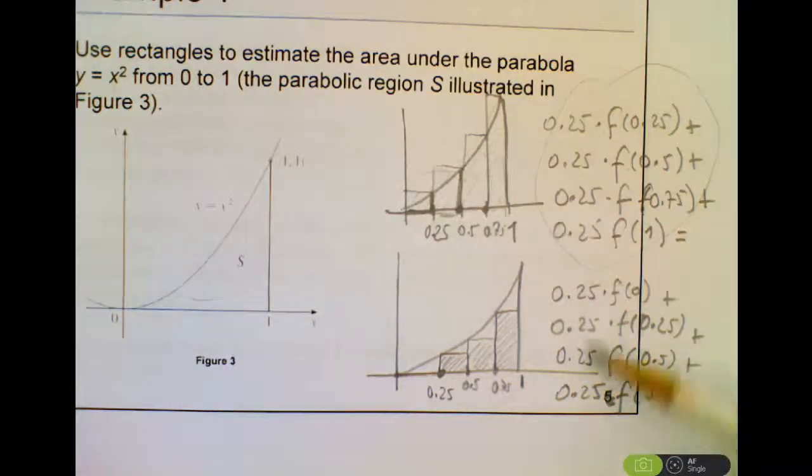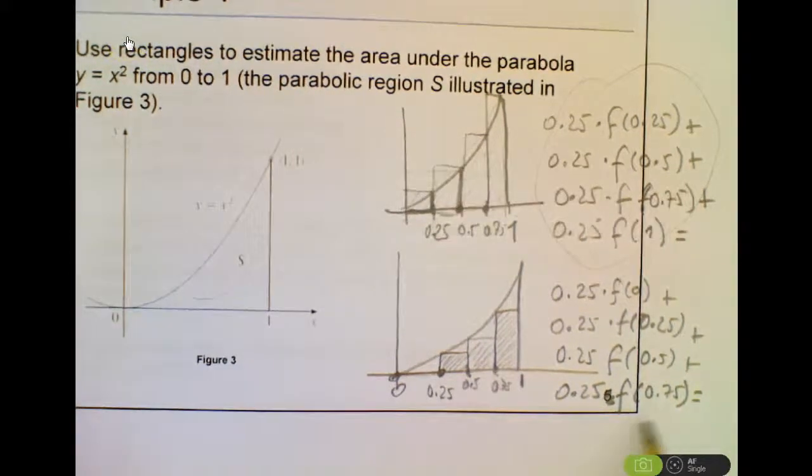And in here, if I'm using the left side, I'm actually using the left side of every interval. If I have 4 intervals, I'm using 0, 0.25, 0.5, and 0.75. I'm not using f of 1 in here. And that's okay, because if I have 4 rectangles, then that's all I need to find the estimate for the area under the curve.